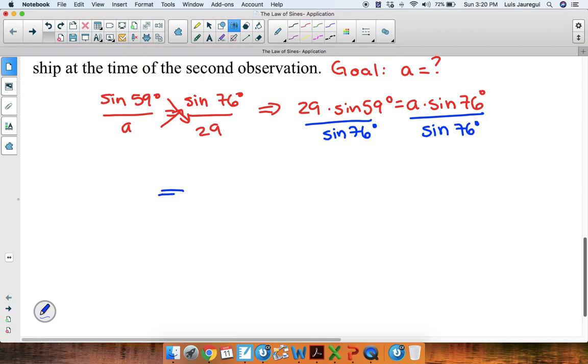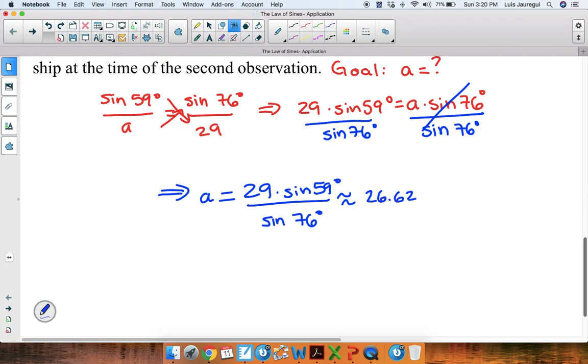This implies that a, after you cancel this one, is equal to 29 times sine of 59 degrees divided by sine of 76 degrees. If you were to enter this into the calculator, you get an approximate value of 26.62 kilometers.